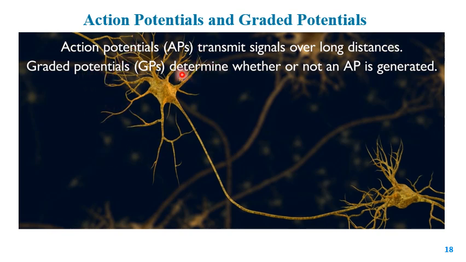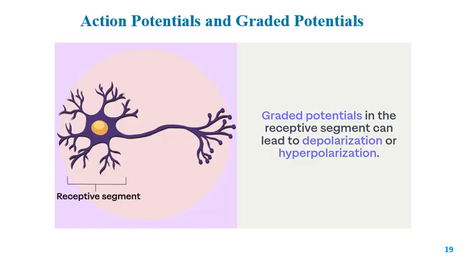Now, this is when you can have decision making on whether you're going to fire, do you have enough excitatory or do you have more inhibitory. So a lot of stuff is getting processed over here before you make a decision of firing or not. So those are the graded potentials that we're talking about. This really has to do with this part of the neuron that is receiving the information.